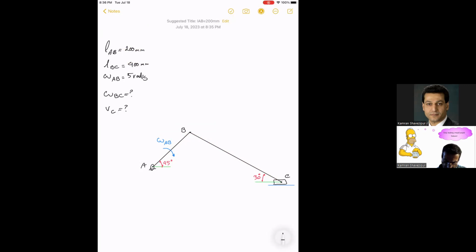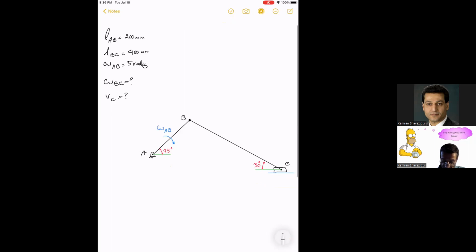I try to explain this like a recipe type of method so you can follow. Remember, when we have IC, IC is used for the link with general motion, in this case, link BC.